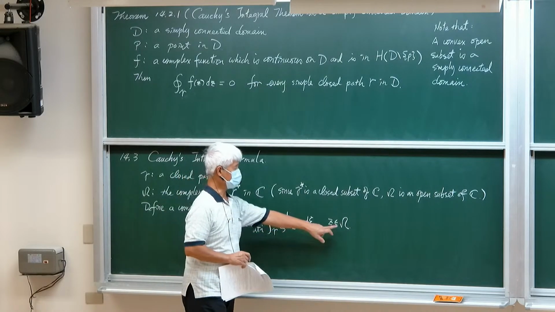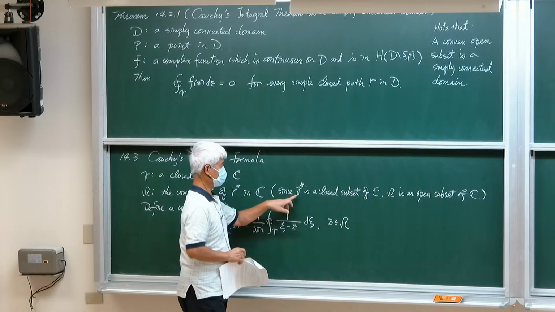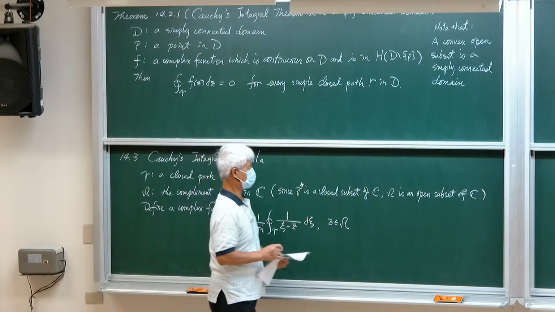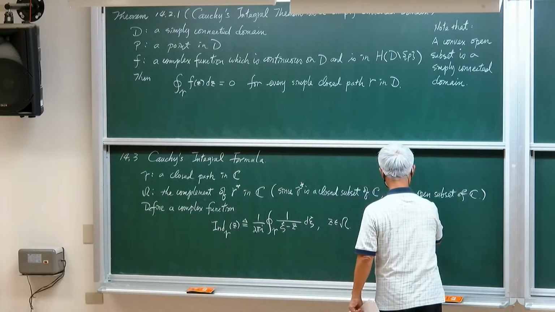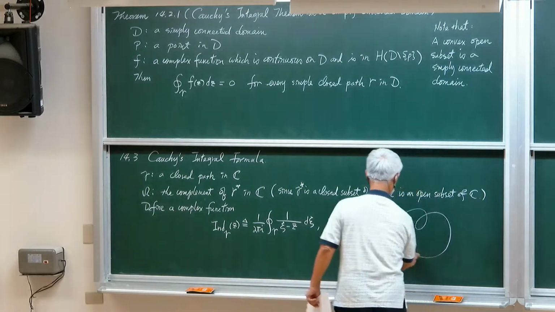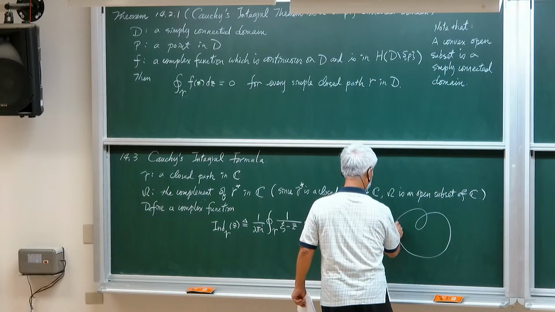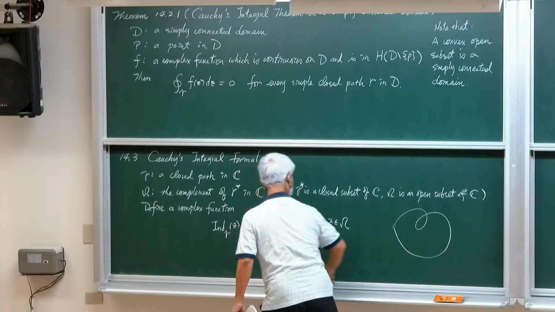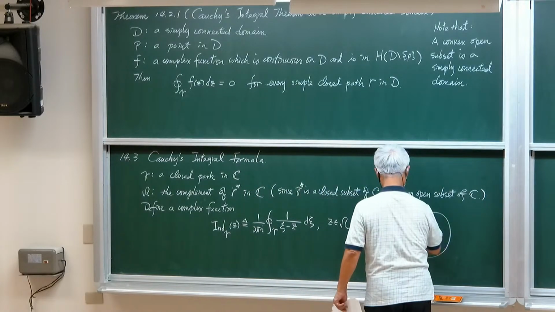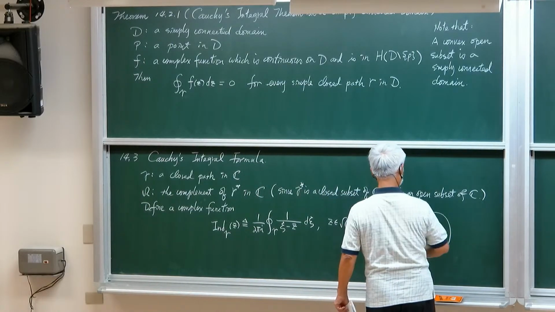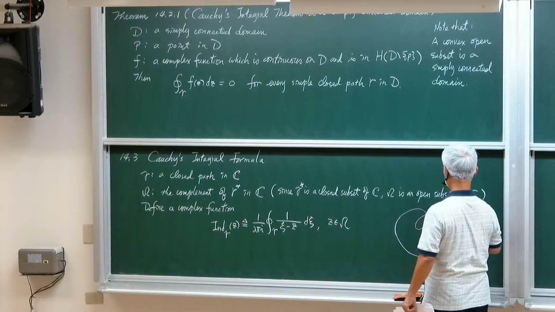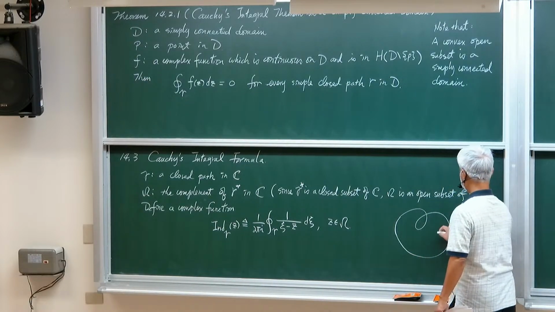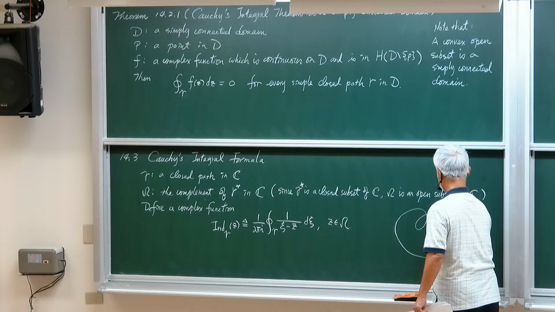But if Z is in the complement of gamma star, so say this is gamma star here, and a point Z here.